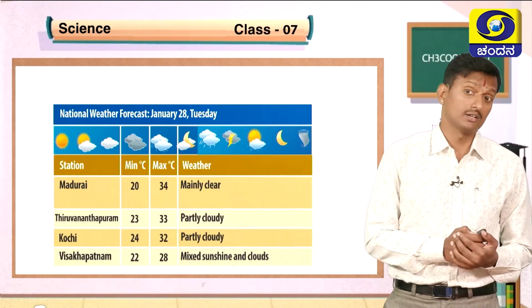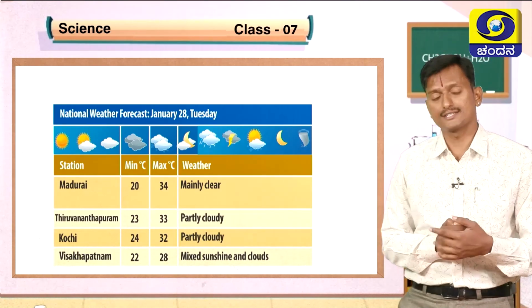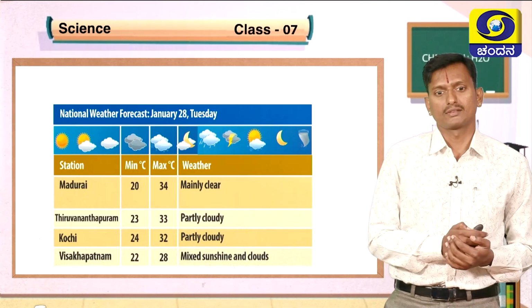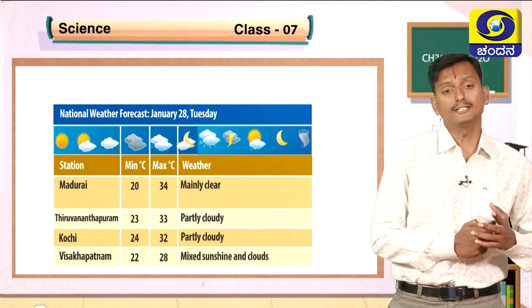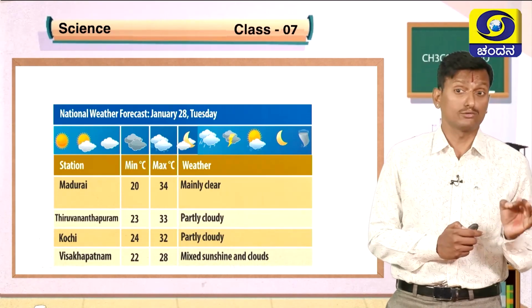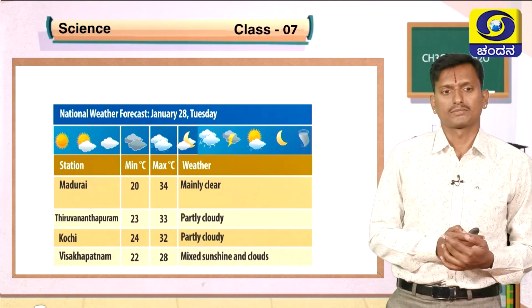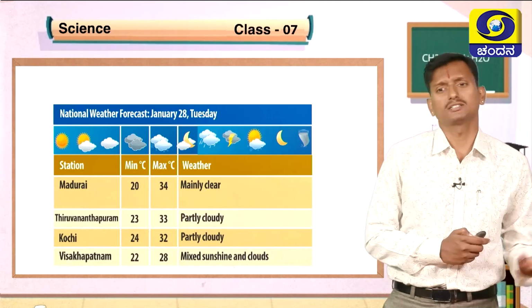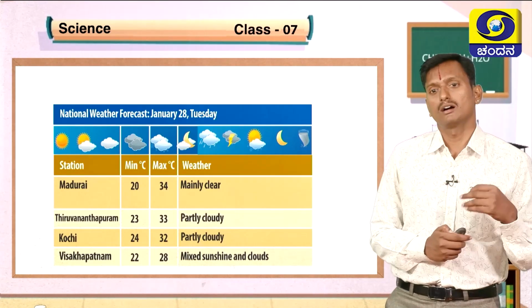Kochi has a minimum temperature of 24 degrees Celsius and a maximum temperature of 32 degrees Celsius. It is partly cloudy. What does it show? It shows that weather is not the same in all these parts. In different parts, be it state or district, we have different types of weather on a particular day.